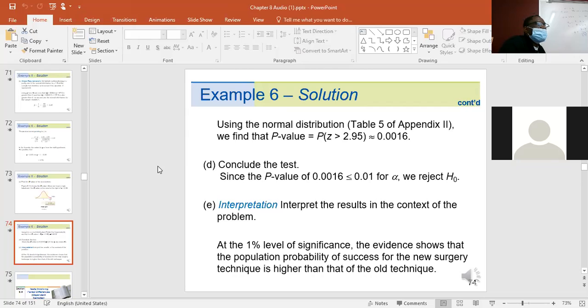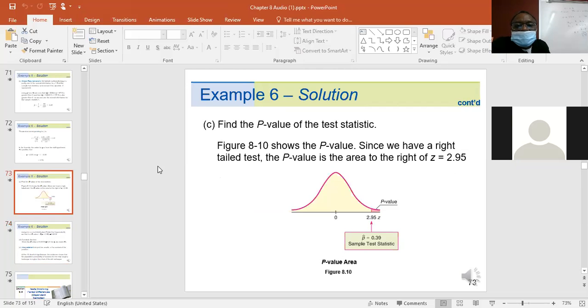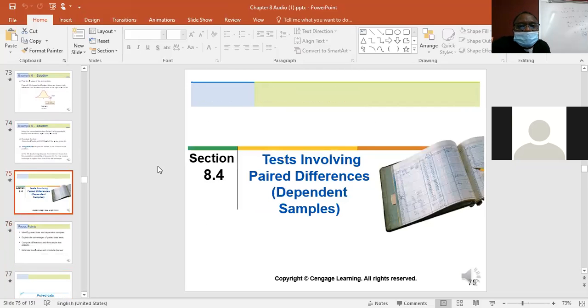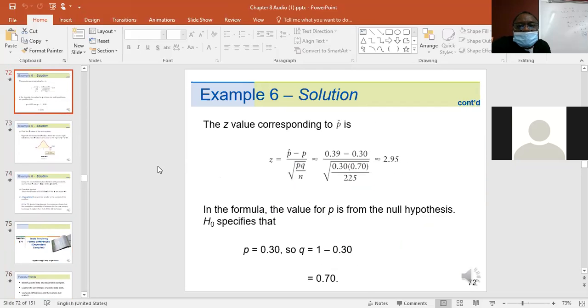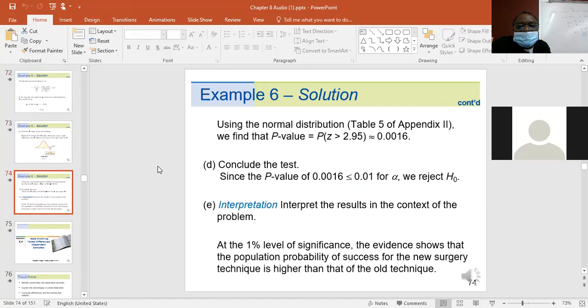2.98. You might not get exactly the same thing as I tell you, but it is essentially all right. What is the p-value?